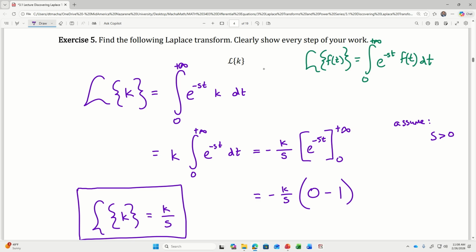And by the way, as we do these proofs, as we figure out Laplace transforms, we're going to have inequalities like this that say s is greater than 0 or s is greater than something else. Maybe that would be useful in more in-depth math classes, but this is just an introduction to differential equations.